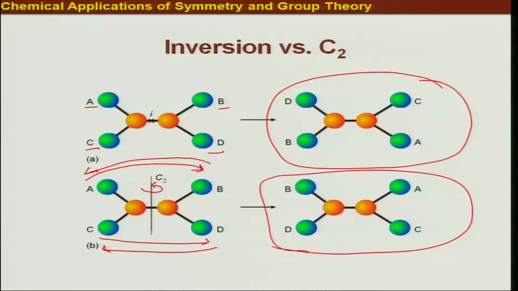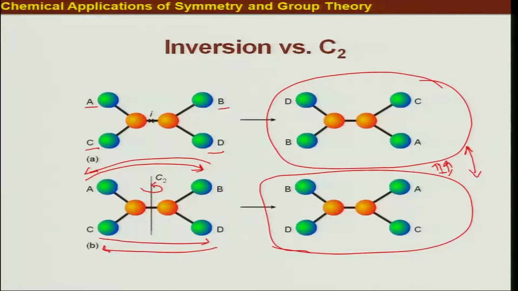So though apparently you can think that I and C2 are similar, you can see these two structures, when I mark them with A, B and C, D, end up as two different structures. But if I forget about the A, B and C, D marking, then these two structures are equivalent, right?